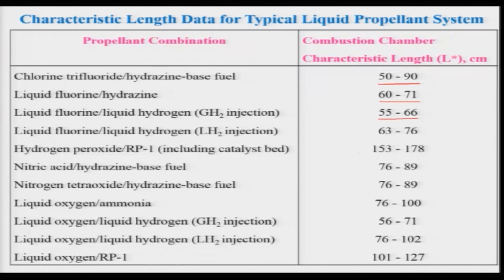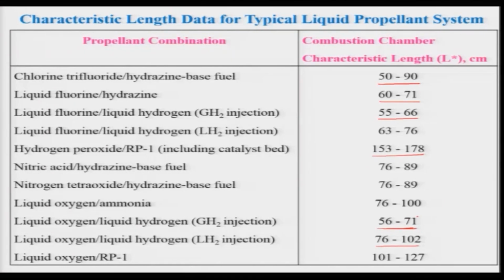You will get a higher value for hydrogen peroxide and RP1, which is nothing but kerosene, based on a catalytic bed; that is a very high characteristic length. A higher characteristic length means the length of the combustor will also be higher. Liquid oxygen and liquid hydrogen get somewhat lower values, and of course liquid oxygen with gaseous hydrogen injection gets very low values.